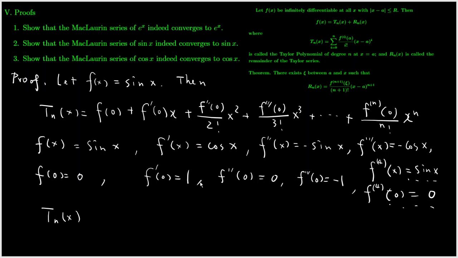So t sub n of x is equal to the value of the function at 0 is equal to 0, and then plus this term, the derivative of the function at 0 is equal to 1, and then plus x.